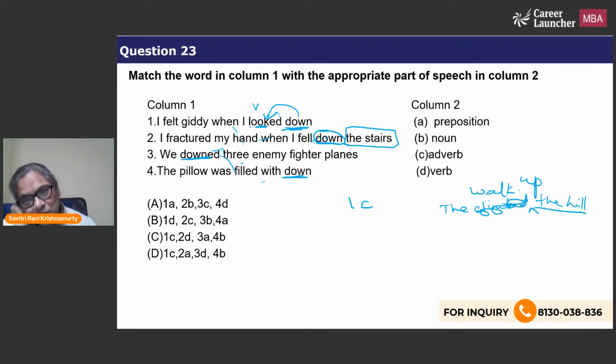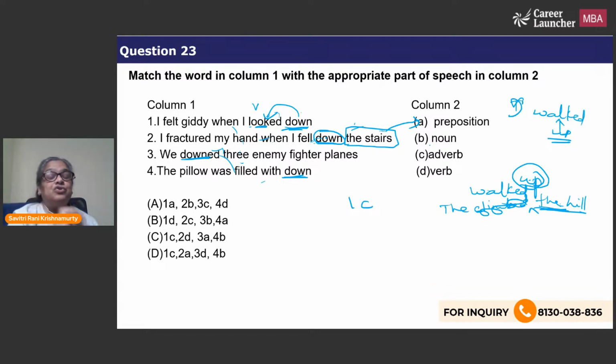Where did you climb? Up the hill. Here, up is followed by an object, so it is a preposition. If I just say I walked up, here up is an adverb. Get it? So when you have words like up, down being followed by a noun or a noun equivalent, like a pronoun, then you know it's a preposition.